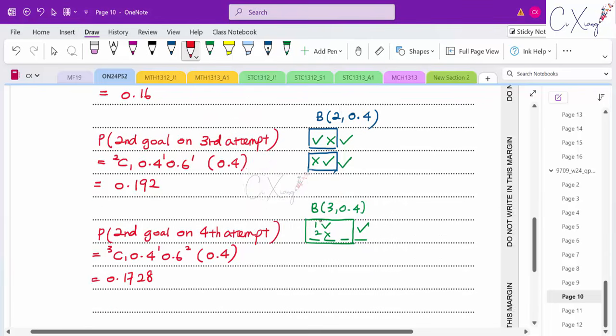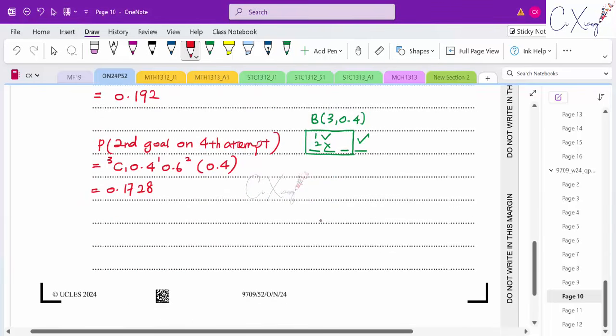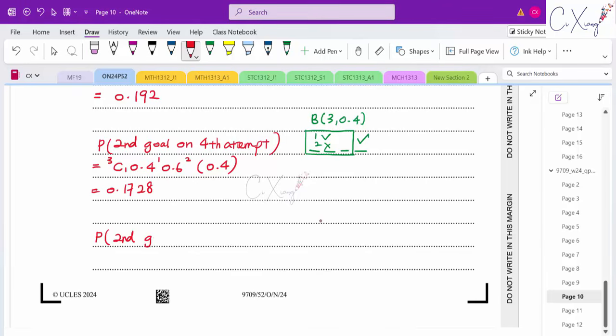Then next one, second go on the 5th attempt, because they say it's on or before, right? So you can write out the last case here. The second go is on the 5th attempt. Same thing happens here. I will have 5 attempts, the last one is a go, and for the first 4 attempts, you have only 1 tick and 3 crosses.